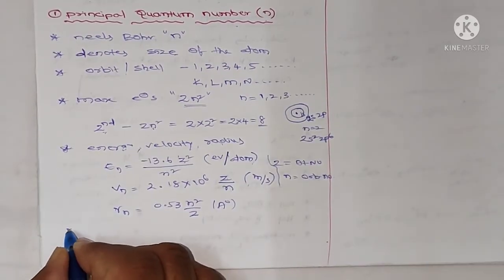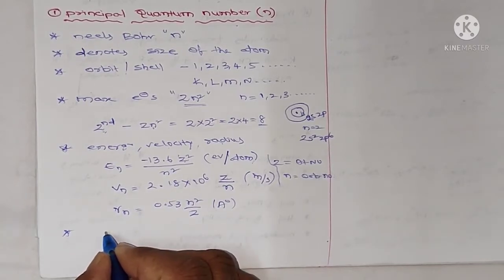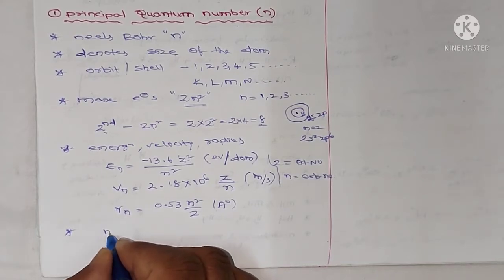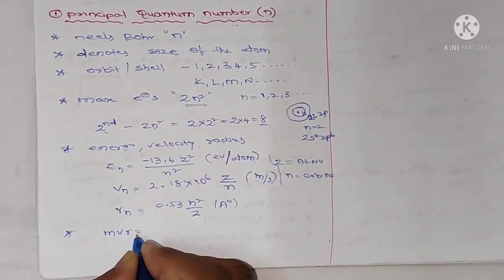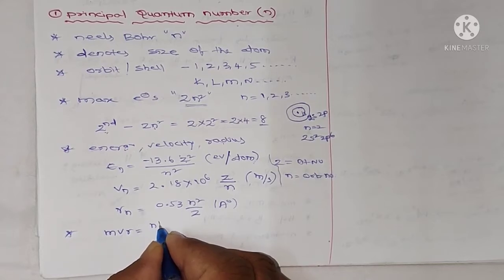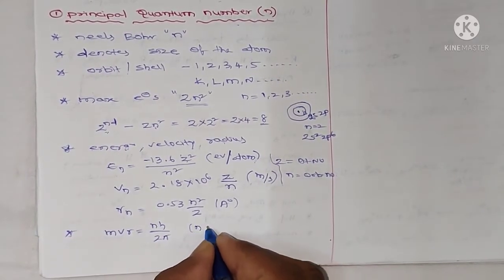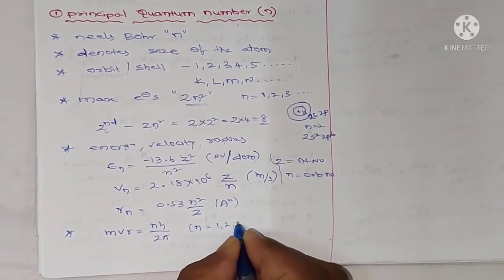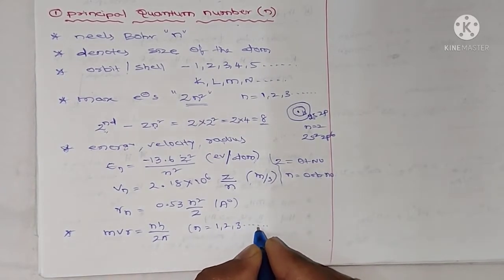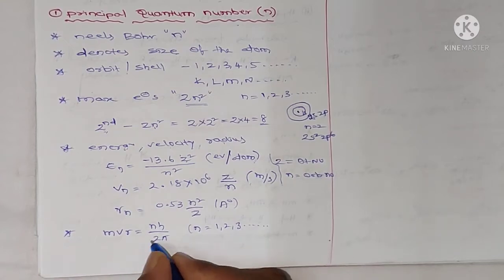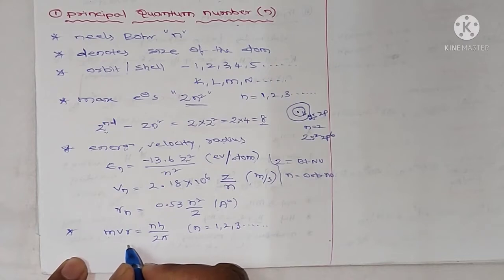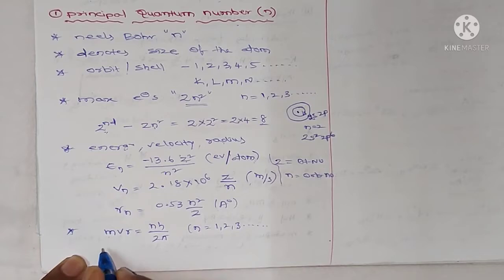And it determines the angular momentum of an electron present in an orbit or shell. It is mvr is equal to nh by 2 pi, where n is equal to 1, 2, 3 and so on. Let us find the angular momentum of an electron present in the first shell.